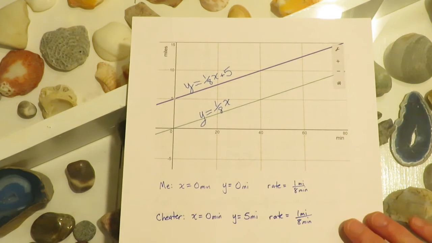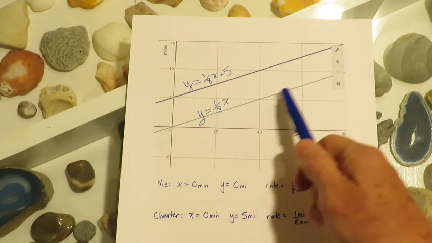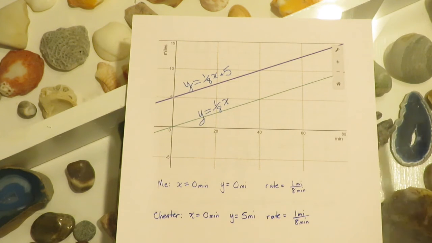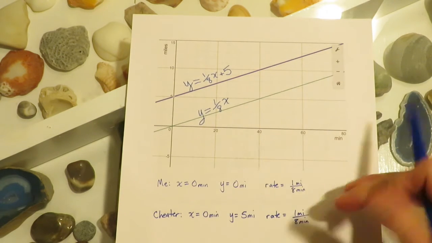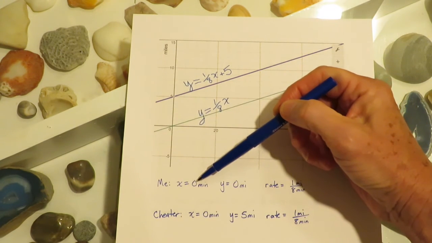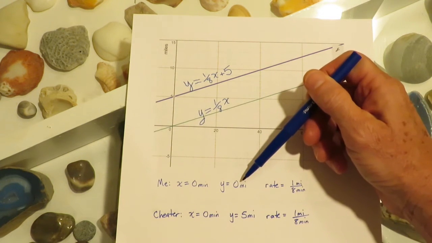Now, lines are parallel if they have the same slope. If you think about it, that means they stay at the same pace, and if they stay at the same pace, they're never going to intersect in their plane. So I'm going back to my example about running, and let's say I'm in a race, and at time 0, I haven't run any miles, so my y should be 0.